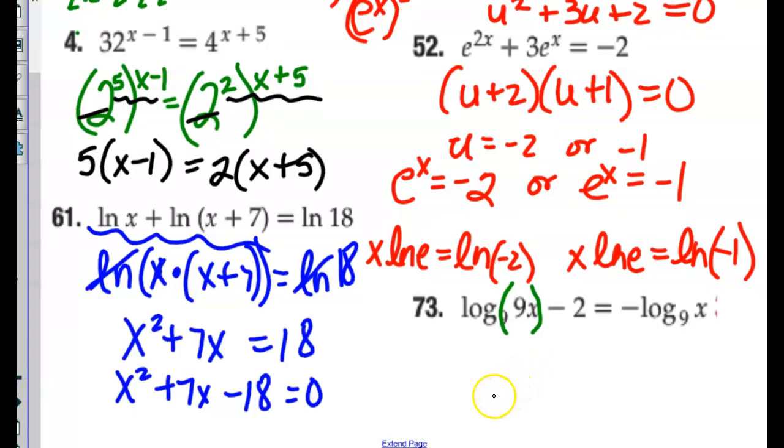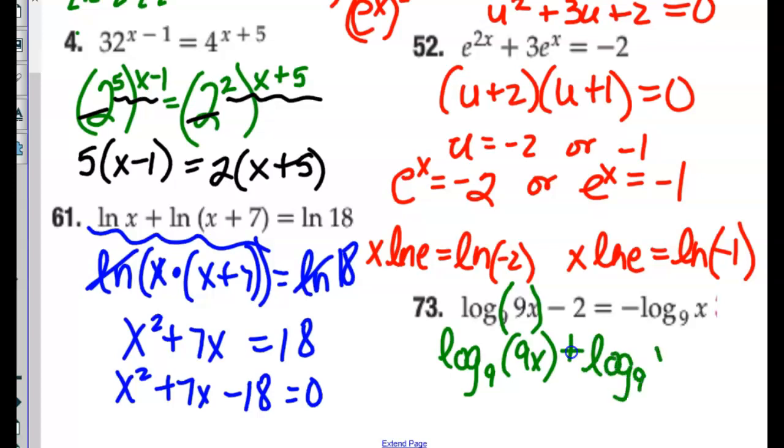Strategy, look at 9A. Log base 9 of 9x, I'm going to add this one over to this side, plus log base 9 of x. I'm actually going to add the 2 back over to the other side. Now what? Does that help anybody see it a little more clearly?